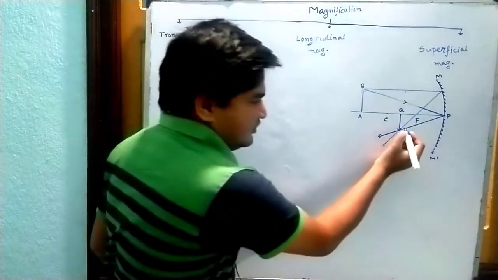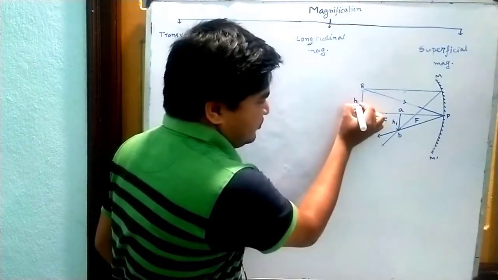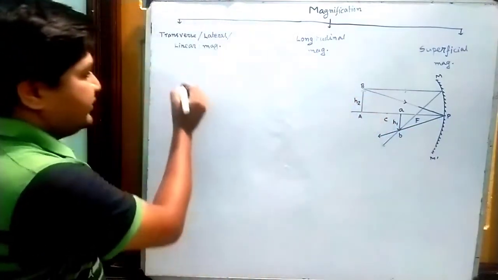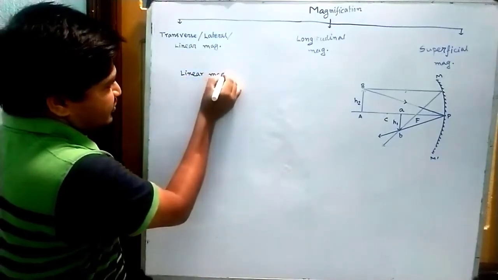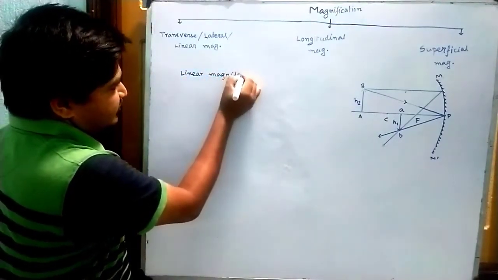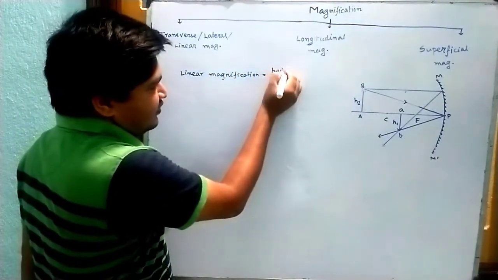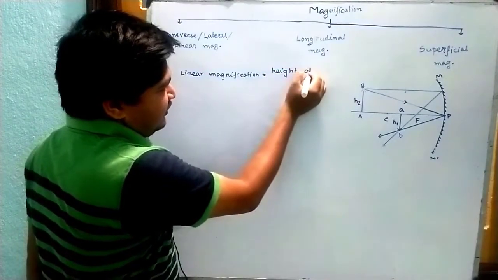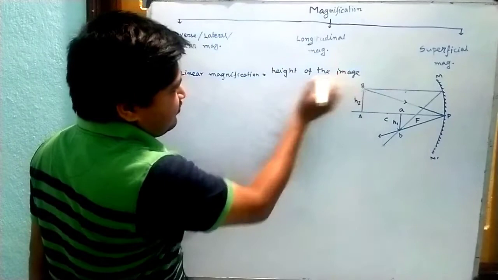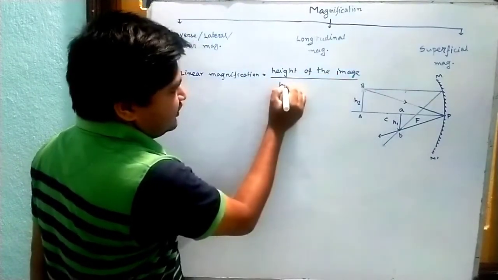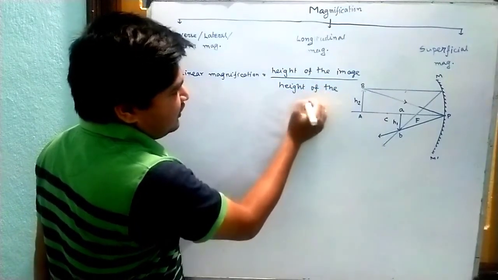If I consider the height of the image is h1 and the height of the object is h2, then linear magnification equals height of the image by height of the object.